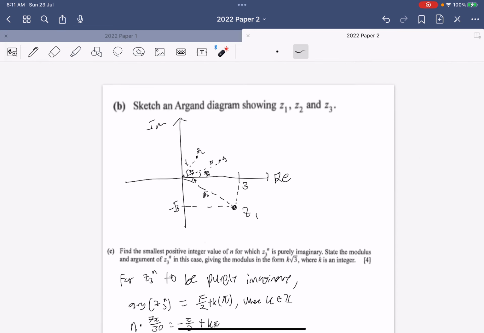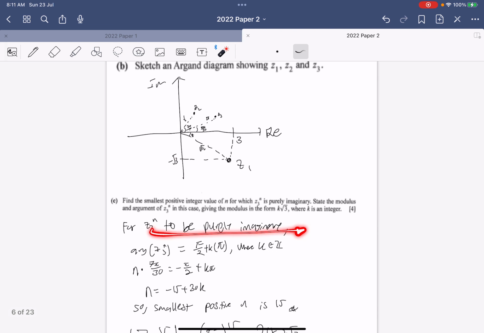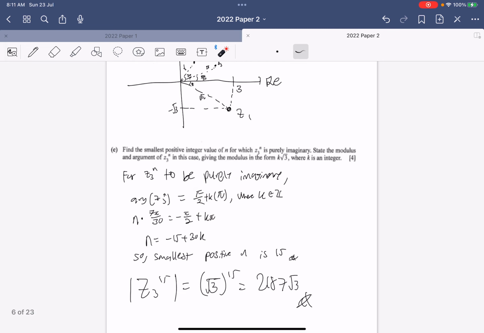So you just keep adding, or you can minus, you can go the other direction. And so to be purely imaginary, we just need the argument to be pi over 2 plus some multiple of pi. And we know that the argument means it's n times 7 pi over 30, and it equals to this.